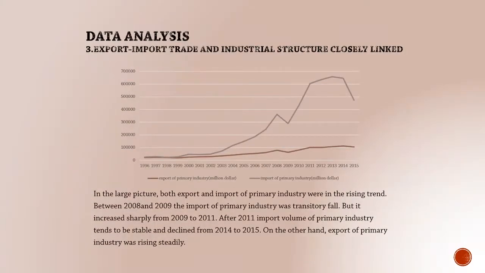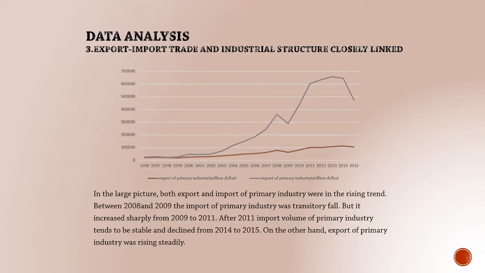The last hypothesis. In this last picture, both export and import of primary industry were in the rising trend. Between 2008 and 2009, the import of primary industry was transitory, but it increased sharply from 2009 to 2011.